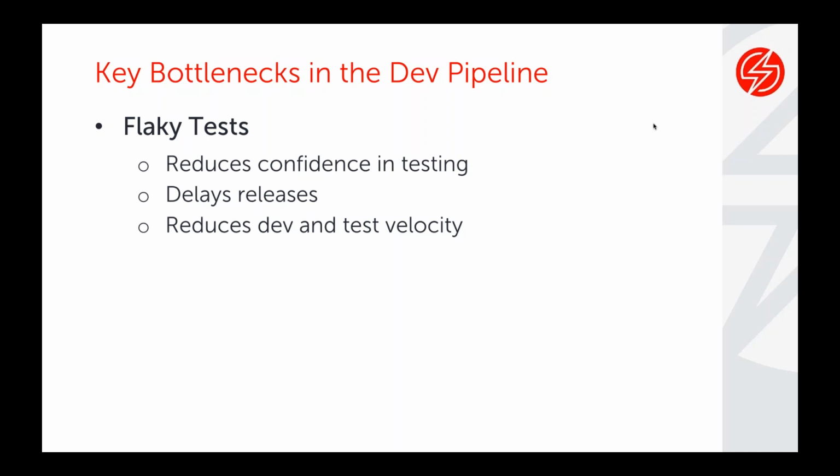Clearly, if you've got a lot of flakiness that you need to research, this can mean putting off a release until you're able to verify if the issue that's being raised is real or not. And finally, because of the identification and troubleshooting required, your overall velocity can be reduced. So clearly an issue for teams.